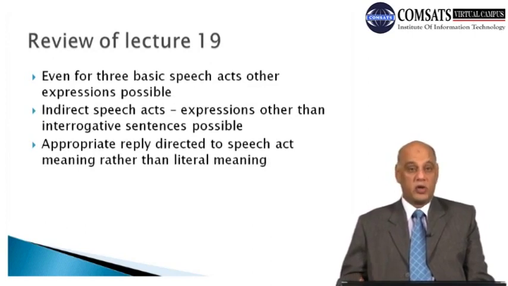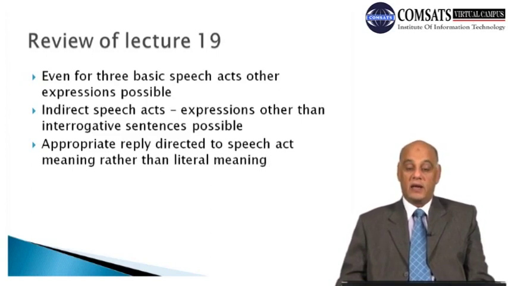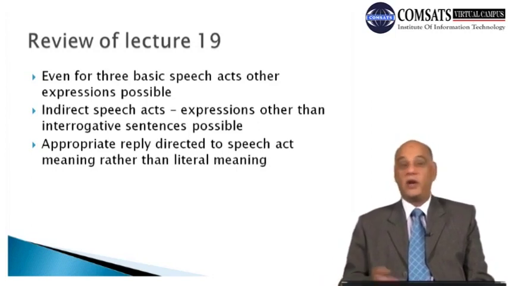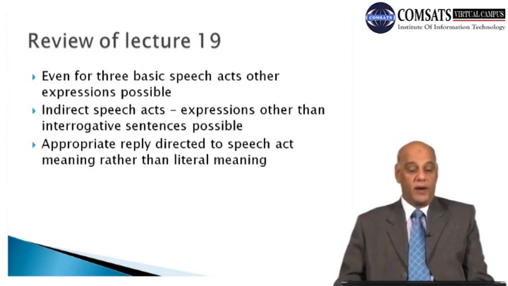If you talk about asking a question, you have other expressions than the interrogative sentences, like do you know he got an A grade, or you may say did he get an A grade? That is the direct way. And do you know he got an A grade? That is the indirect way.